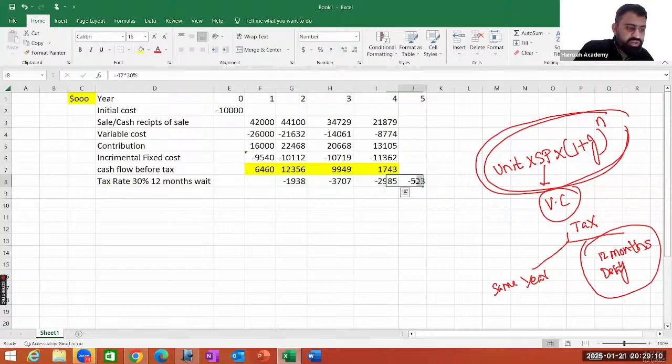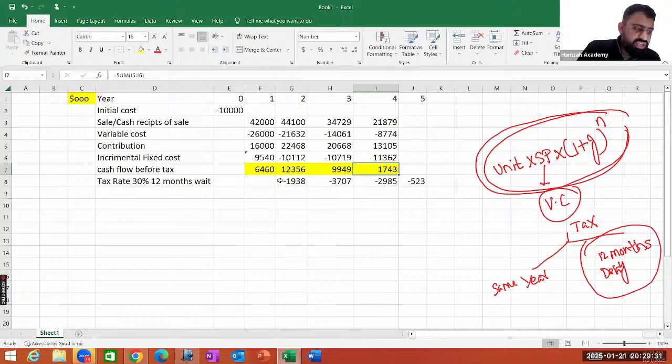The 523 is the 30% of 1743. You can check, if you take the 30% of 1743, it will be 523. The 2985 is 30% of 9949. 3707 is 30% of 12356.